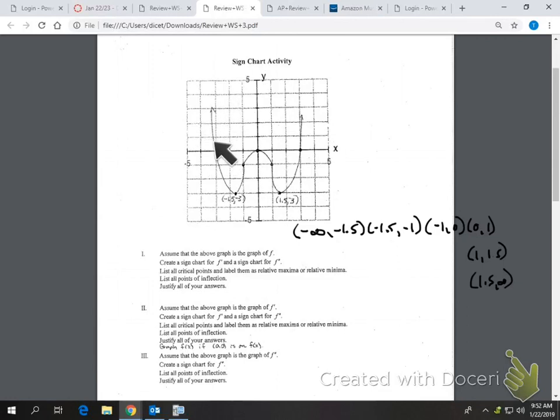Because the first derivative is positive, which means the original function is increasing, 0, then the first derivative is negative, therefore decreasing. Increasing, 0, decreasing: relative maximum. Here at 0, I have neither, because it's decreasing, 0, decreasing. Here I have a relative minimum. The derivative is negative, decreasing, 0, increasing.